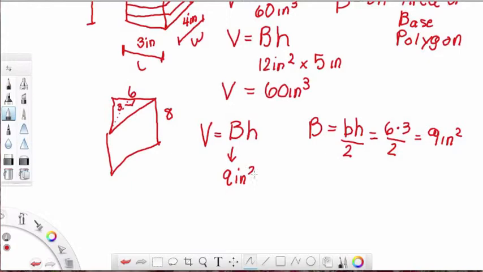Okay, and what's our height here? Our height is 8 inches. So if you take a triangle that has a base of 9 inches squared and you stack it on top, I don't know if I can draw 8 of them. Let's see here. I'm just going to start chopping it in half. I think I'm going to get in trouble, but let's give it a try.